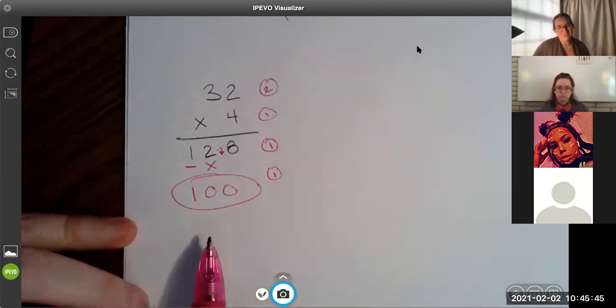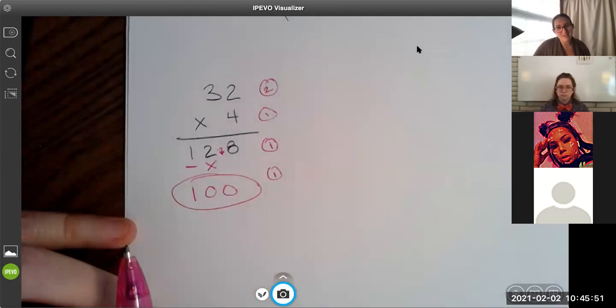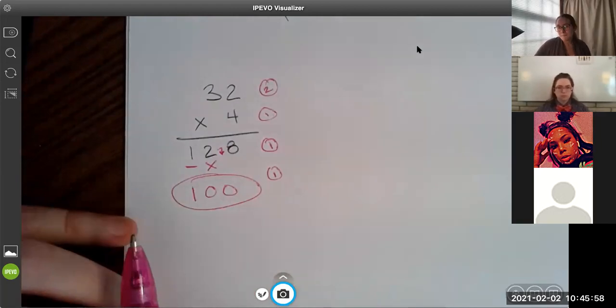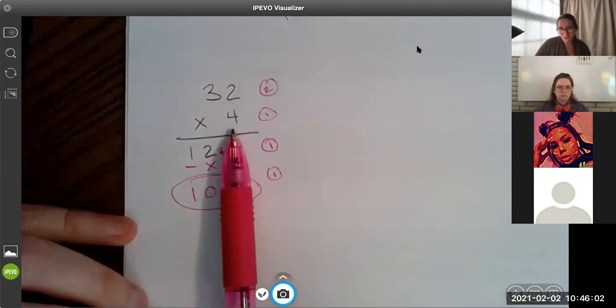Your final answer is 100. And it looks weird because your math teacher would go nuts because you rounded so much. But here we can only see 1 place value in one of the numbers we're starting with.